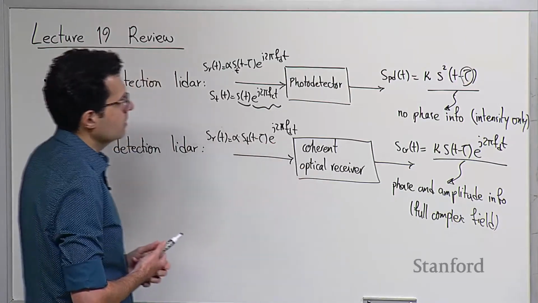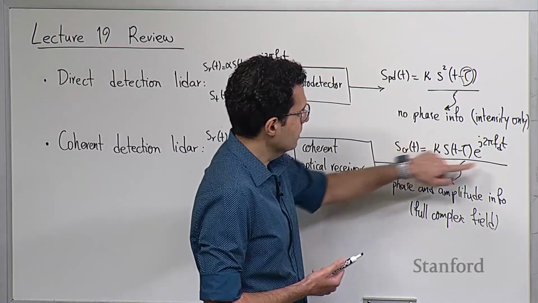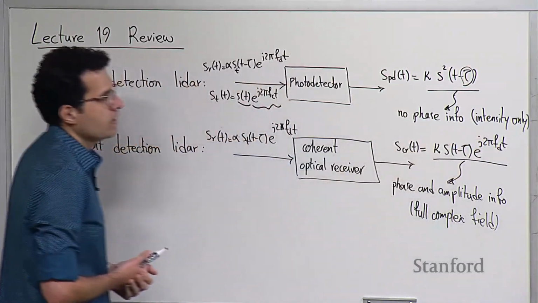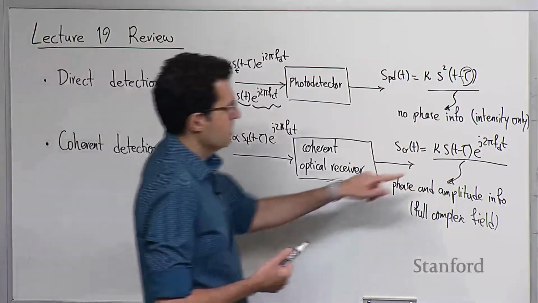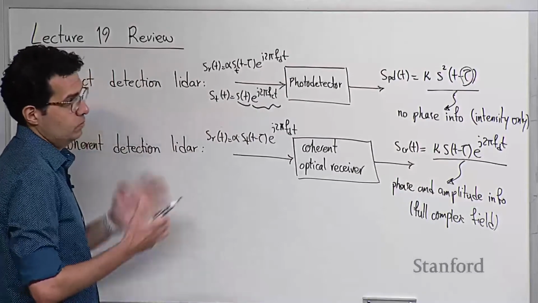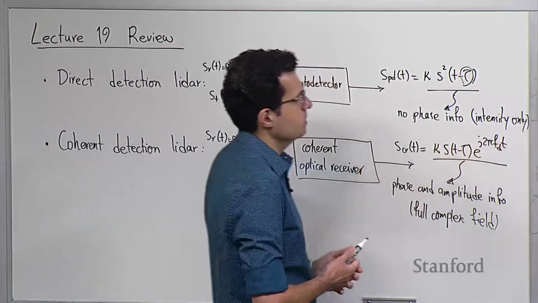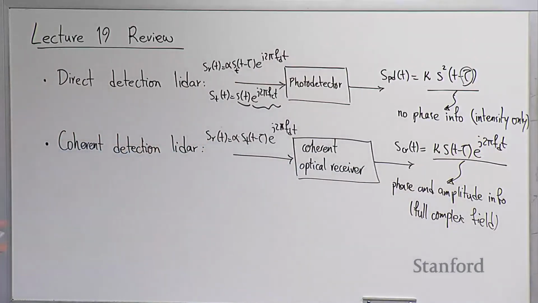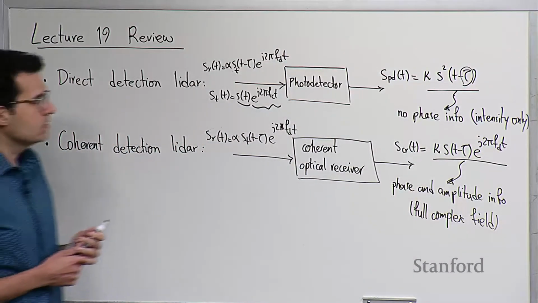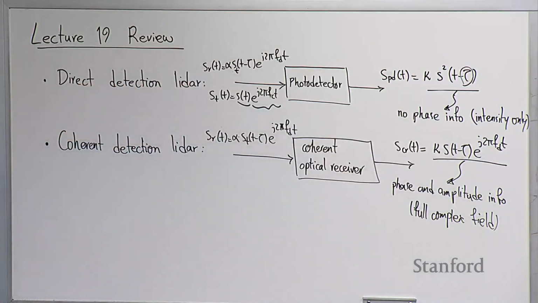And out of the coherent optical receiver, you get S_CR of t, which is some constant times the full complex waveform, delayed by the round trip time of flight, times the Doppler term, e to the j 2 pi f_d t. So this signal model is identical to what we had for CW radars.